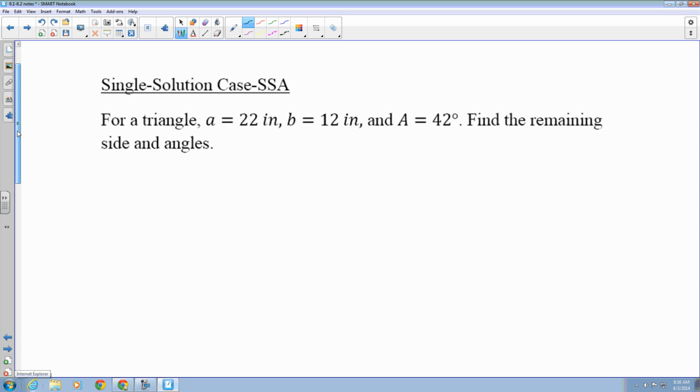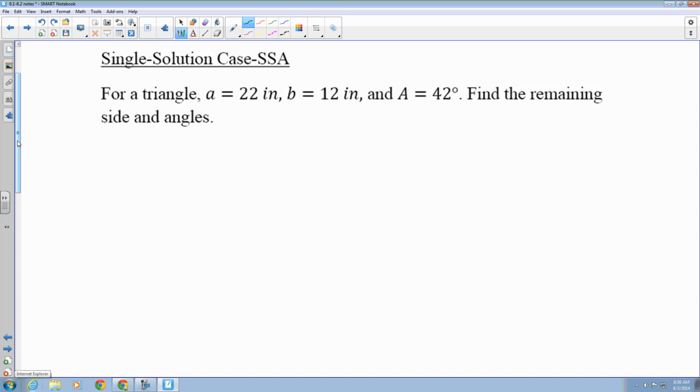All right, so we're going to have to figure out SSA, what how many solutions we have. Here we have a triangle where a is 22 inches, b is 12 inches, and A is 42 degrees. So this is one of the acute situations.